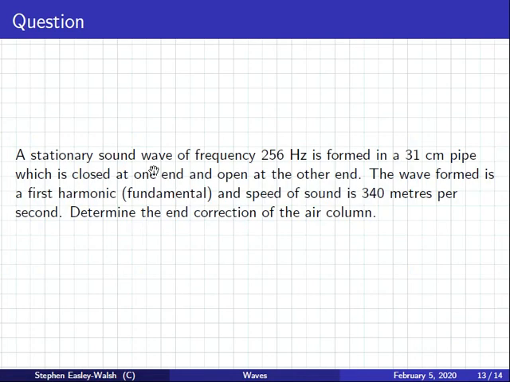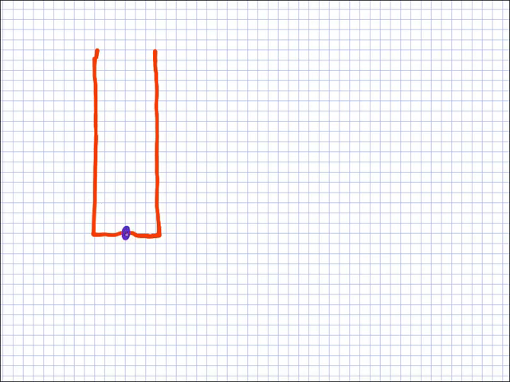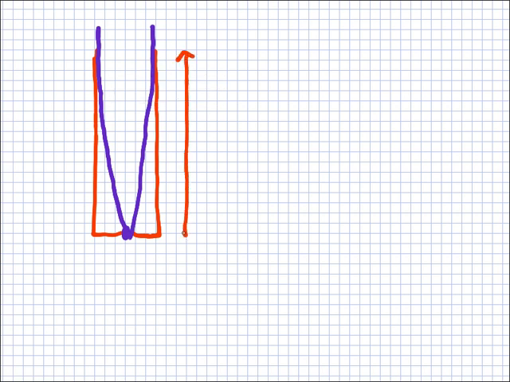And it's the first harmonic. So here is a node, and then at the other end, it's just antinode. Now, do you notice how I drew it a little bit outside? Yeah. Okay. So this here is a length of 31 centimeters, and this here is our delta L.